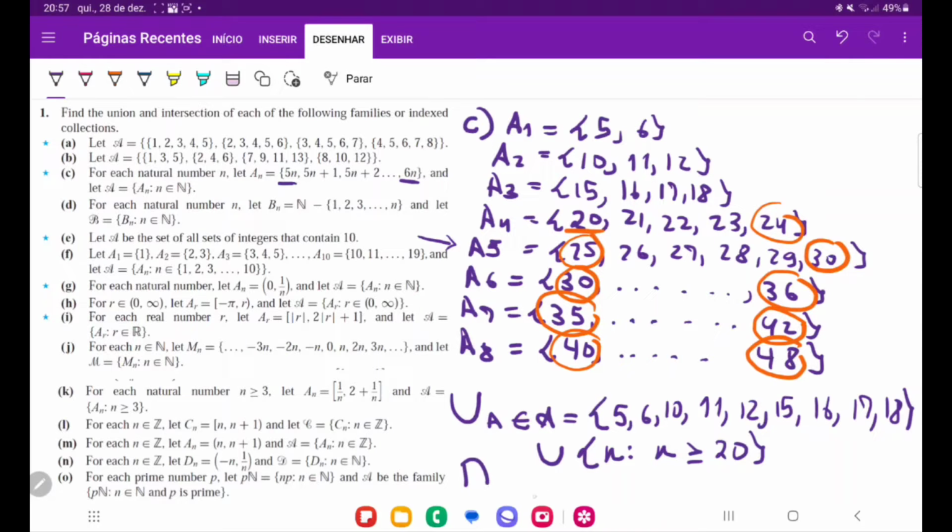So I'm glad that I caught myself. So the intersection of A is going to be empty, right? Because they don't all have stuff in common. For example, the set here that has 5, 6, it has nothing else. It doesn't have the 20, 21, 22, and so on. So the intersection is just the empty set. They have nothing in common. And that's it for this item.